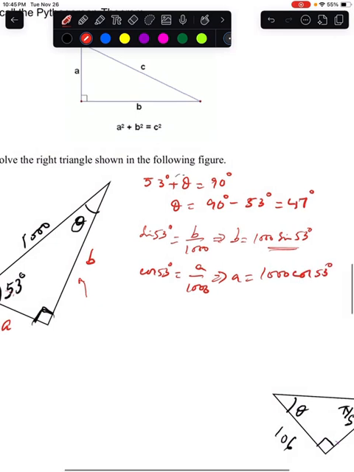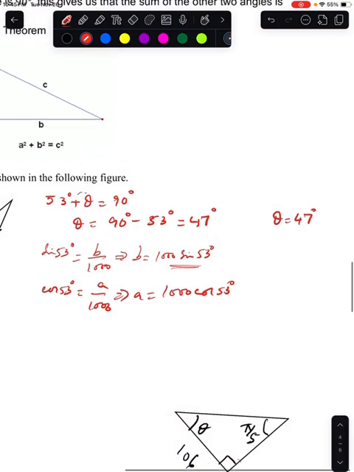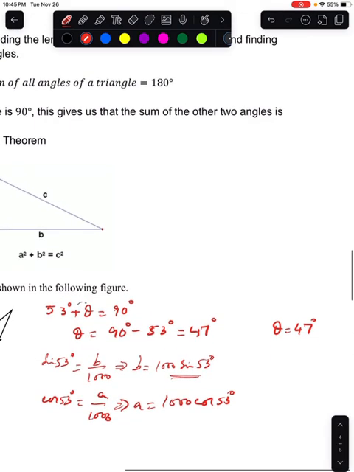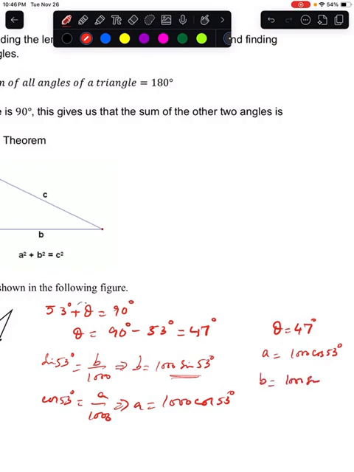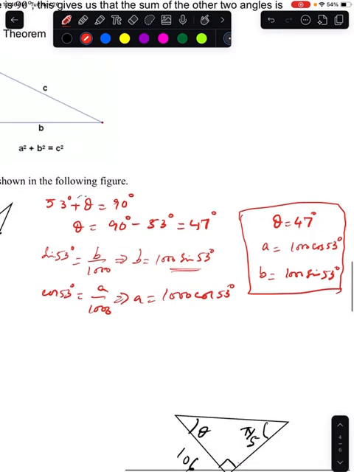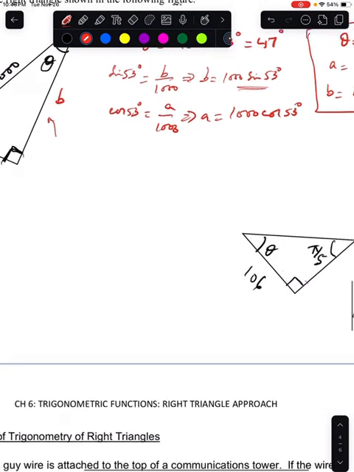So that's all. We found all three. So theta is 47, A is 1000 times cosine 53, and B is 1000 times sine of 53. Can you do the next one?